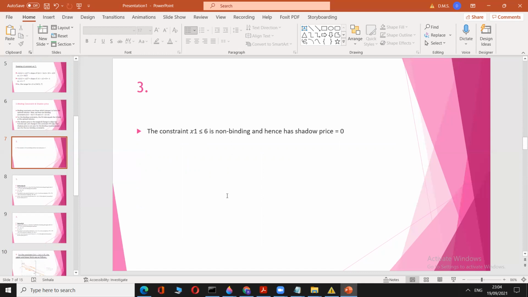Therefore, if it does not have an upper limit, its shadow price always becomes 0. If you want to find a shadow price, it should be bounded. If it is not bound, the shadow price will always be 0.